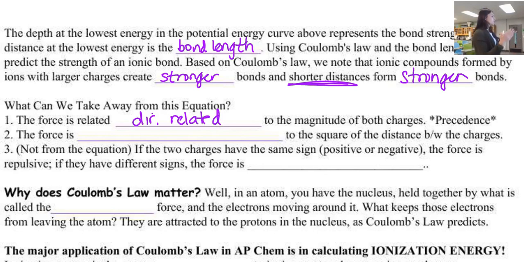How is force related to the distance between the charges? If we look at our equation, E is equal to k Q1 Q2 over r squared, where we usually use a d, or we can use an r. And so we say that they're related how? Well, as one goes up, the other one must be going down. So we say that they are inversely related to each other.